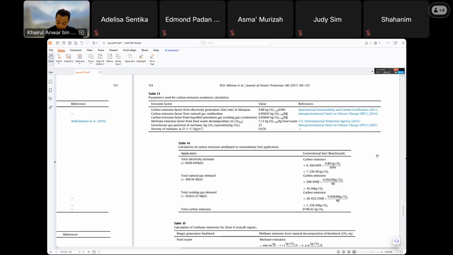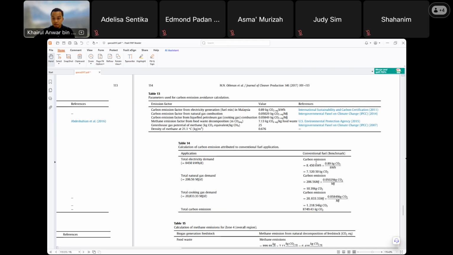The carbon emission due to fuel application for fulfilling electricity, natural gas vehicle, and cooking gas demand is predicted as in table 14. Fulfilling this energy demand using biogas energy system would avoid carbon emission by 8,794.3 kg CO2 equivalent.